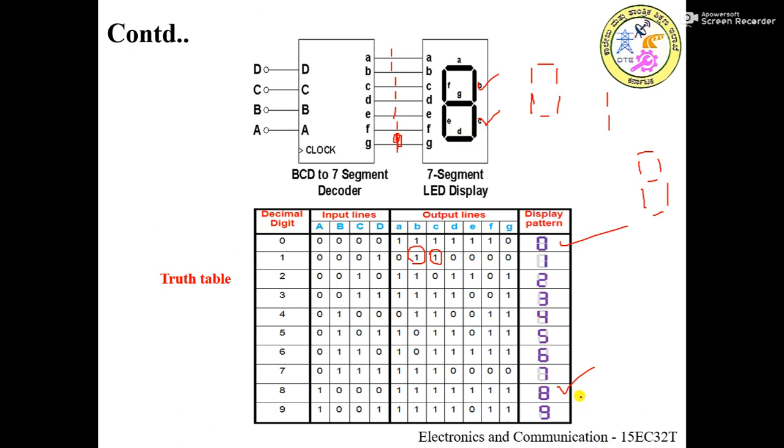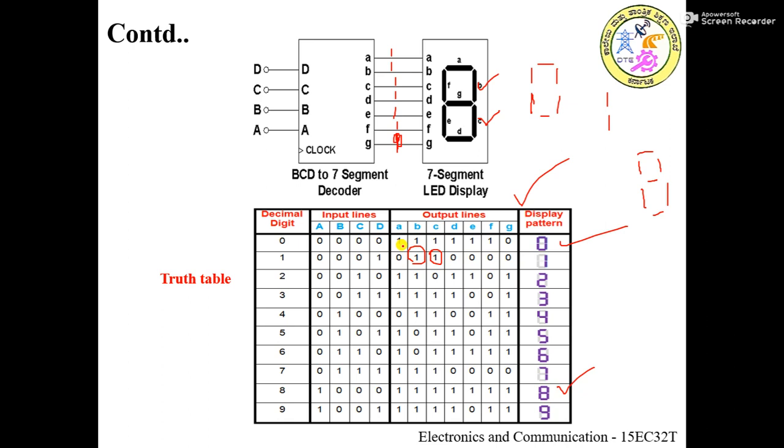Similarly, the 9 can be displayed. This is how the pattern looks like. This is the truth table which is valid for a common cathode display. ಇದನ್ನೇ if it is a common anode display ಅಂದಾಗ what should be changed here?